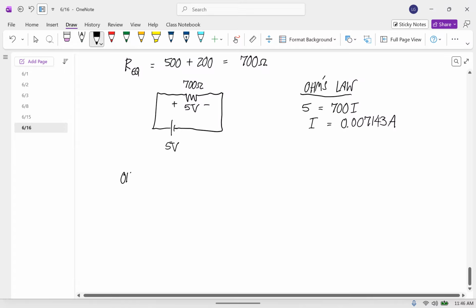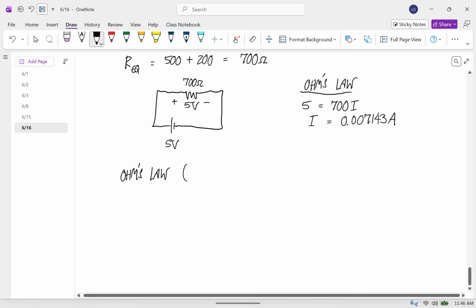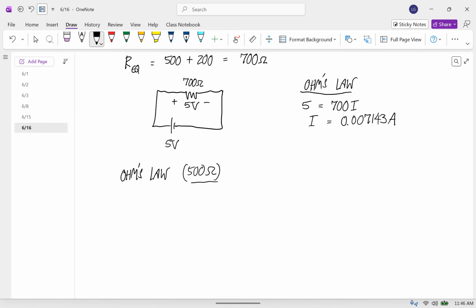So now we'll use Ohm's law for the 500. The voltage for the 500 is the resistance times the current that we just figured out.